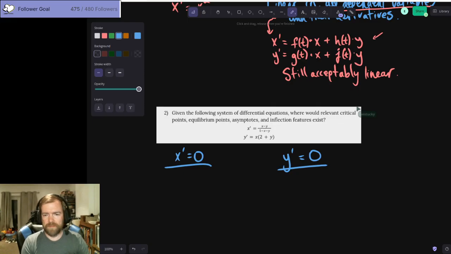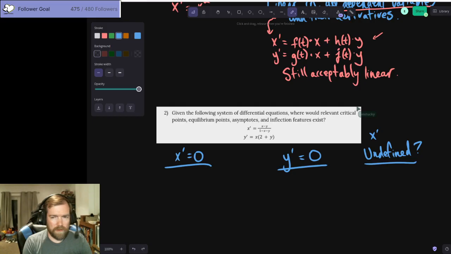So if x prime has a divide by 0 error. Yep. So do we have any areas where either x prime or y prime are going to be undefined? And if so, let's find those.